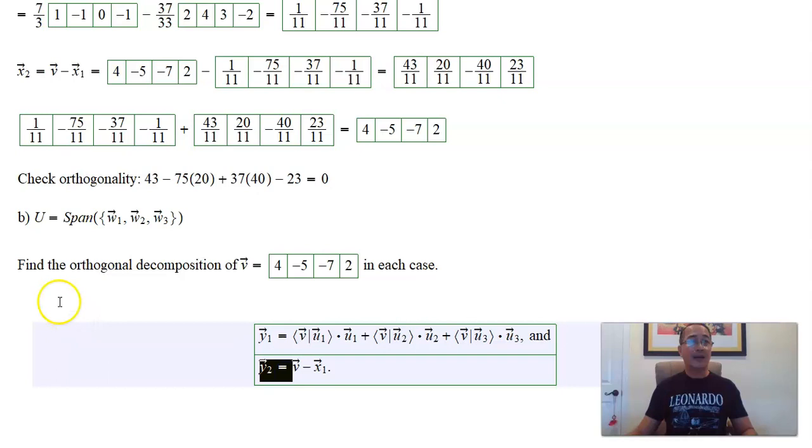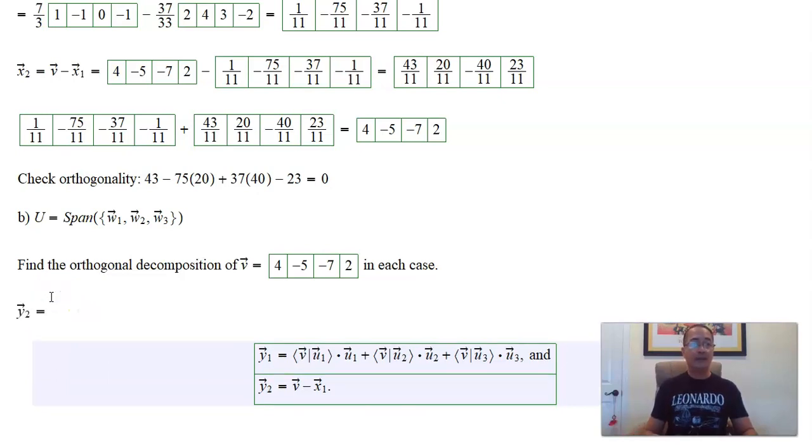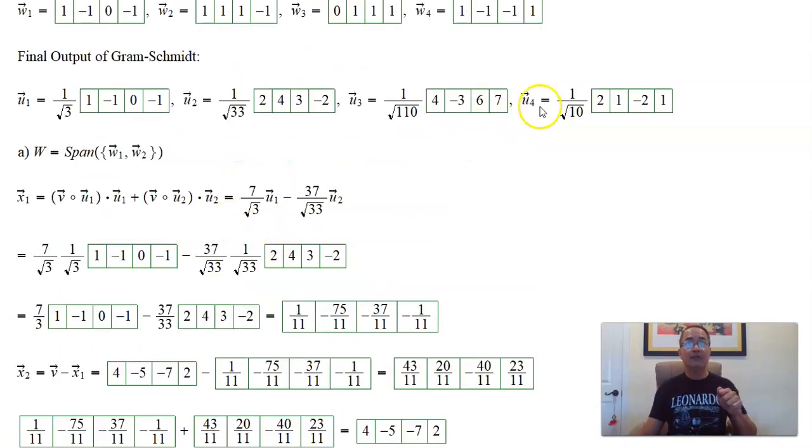Okay, big picture. Before I do the magic, let me explain that first. Why is it that we can do y2 first? That's because when we did our last example, the previous one, we said an orthonormal basis for u perp is just the fourth unit vector in our output.